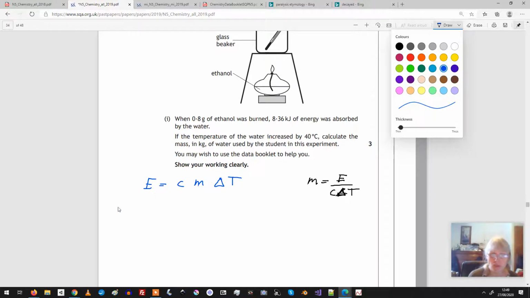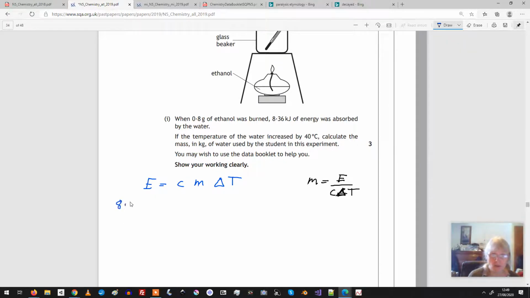So the energy was 8.36. The heat capacity was, what was it? It was 4.18. And the temperature change was 40.